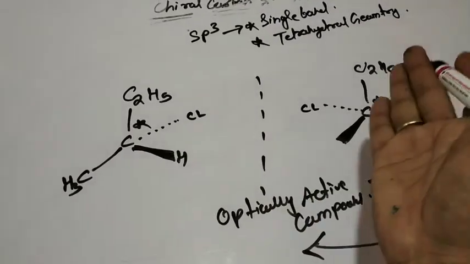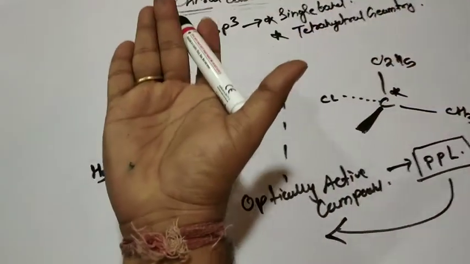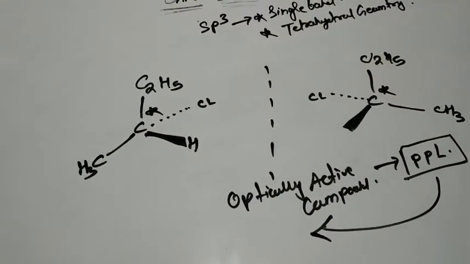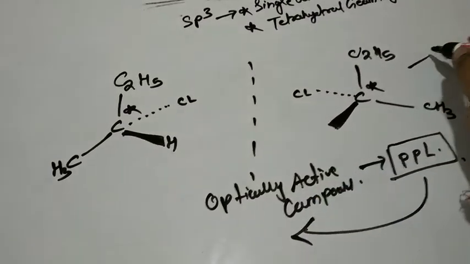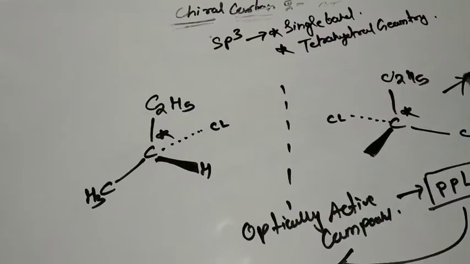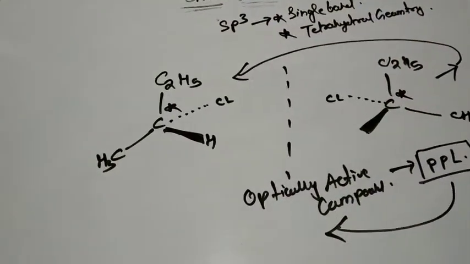Now when you take this particular compound and try to put it on this other compound, you will see that they are non-superimposable. If you take this compound, lift it and impose it on this one, what will happen?